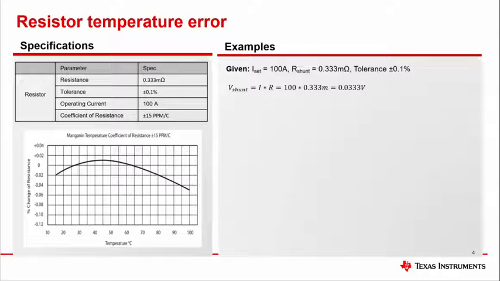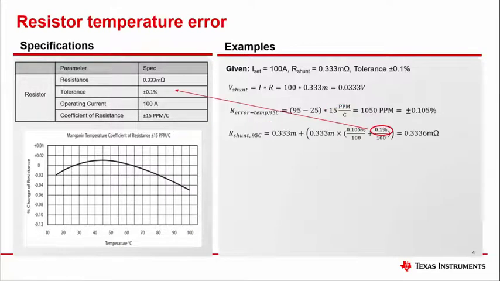To measure the shunt voltage of the resistor with non-ideal values at an operating temperature of 95 degrees C, we must first calculate the new resistance of the resistor with a temperature coefficient of resistance of plus or minus 15 parts per million per degree C, and include the resistor's tolerance of 0.1%. Using these values, we get an R shunt of 0.3336 milliohms.